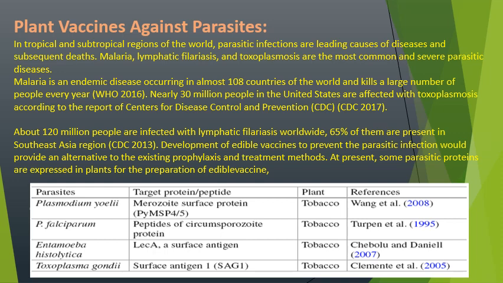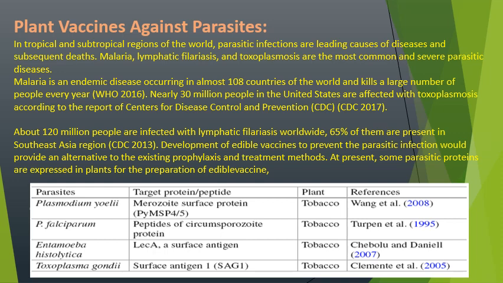Another group of plant vaccines is very effective against parasites. In tropical and subtropical regions of the world, parasitic infections are leading causes of disease and subsequent deaths. Malaria, lymphatic filariasis and toxoplasmosis are the most common and severe parasitic diseases.